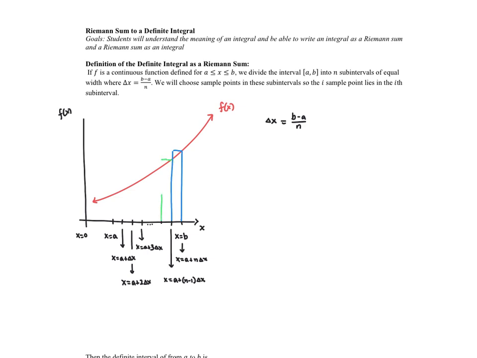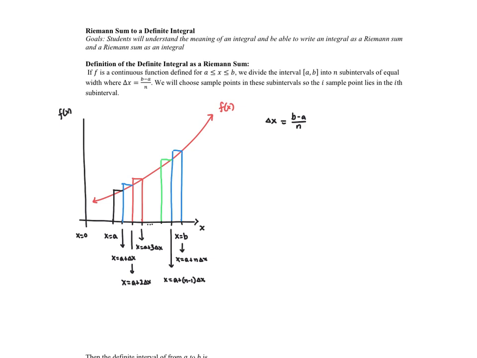You can see that take shape here. And so on. Okay, so I'll go all the way back here to the third subinterval. The second subinterval. And the last would be the first subinterval.